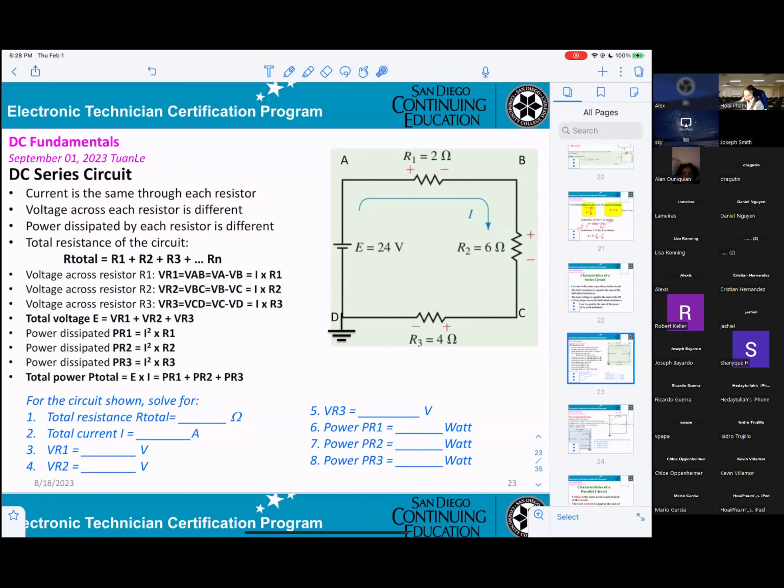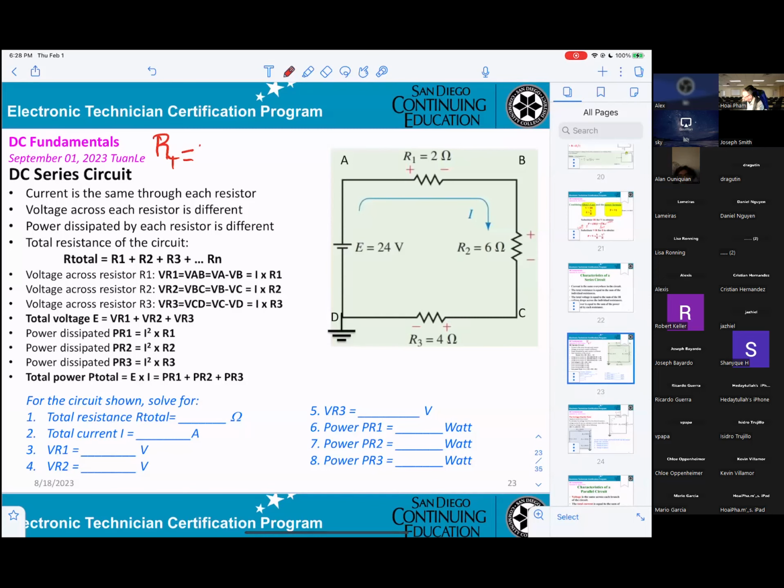Now, first thing, if they ask about the total resistance for this circuit, you can say R1 plus R2 plus R3.